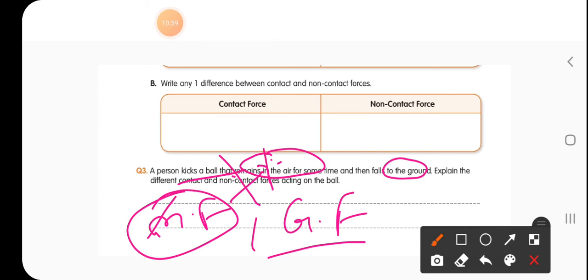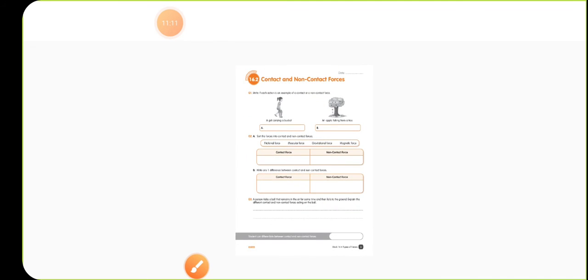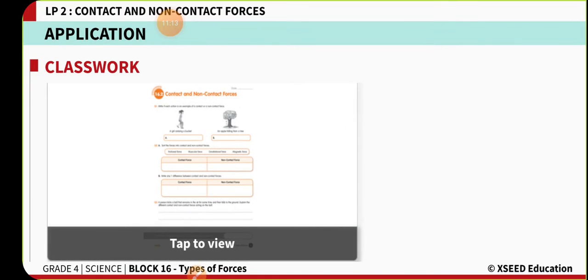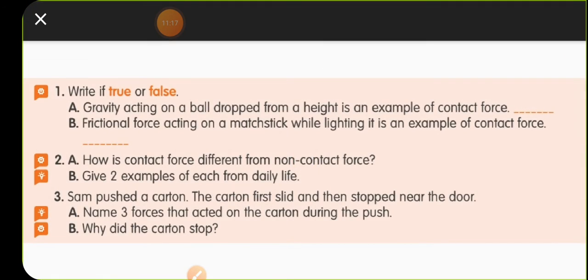Whereas the ball moving in the air for some time and dropping on the floor is because of the gravitational force. Okay children, so after your worksheet, now it's the turn of your practice questions from the textbook.